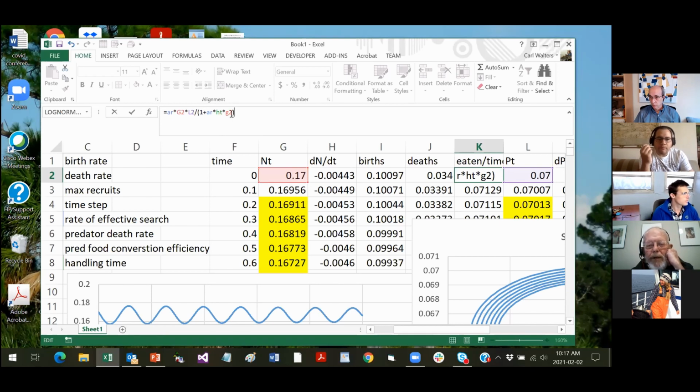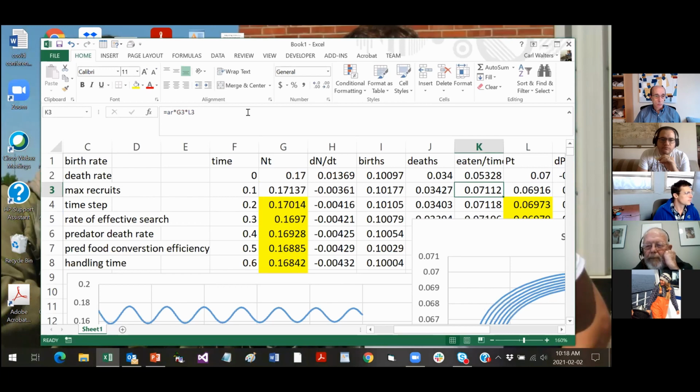What it's modeling is when prey abundance is high, predators spend more time handling prey. I don't even need to put the AR in here. I can just make this handling time. As prey density goes up, the predator search rate will drop because of this handling time effect. Okay. And I'm going to copy that down.